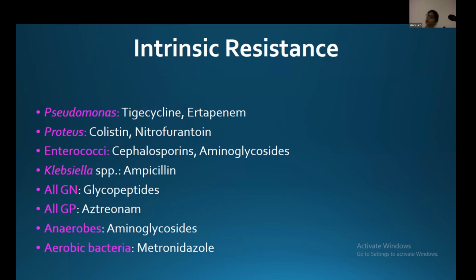All the anaerobes are resistant to aminoglycosides. All the aerobes are resistant to metronidazole. Proteus is inherently resistant to colistin and nitrofurantoin. Pseudomonas is intrinsically resistant to tetracycline and ertapenem. Enterococci are intrinsically resistant to cephalosporins and aminoglycosides. And Klebsiella is intrinsically resistant to ampicillin.